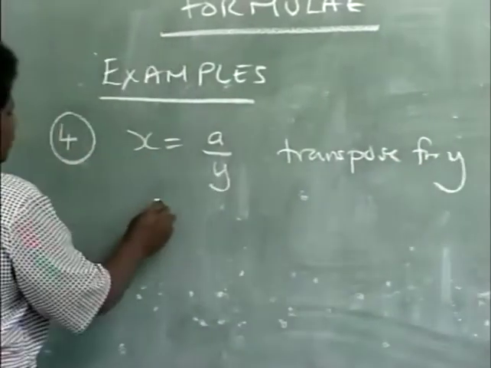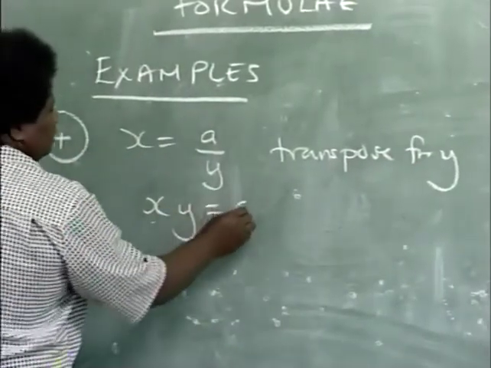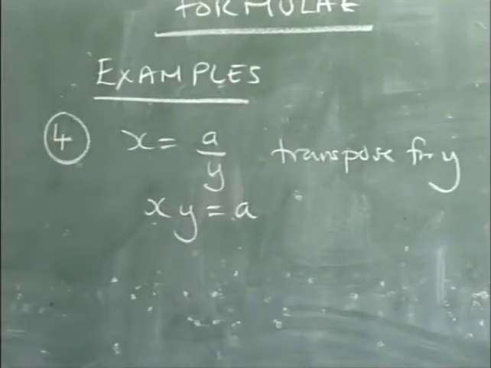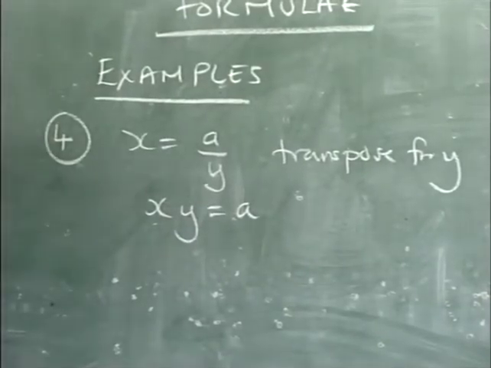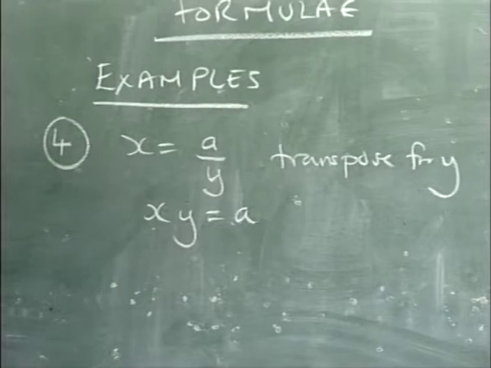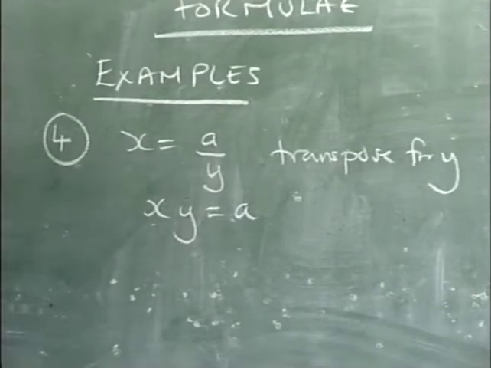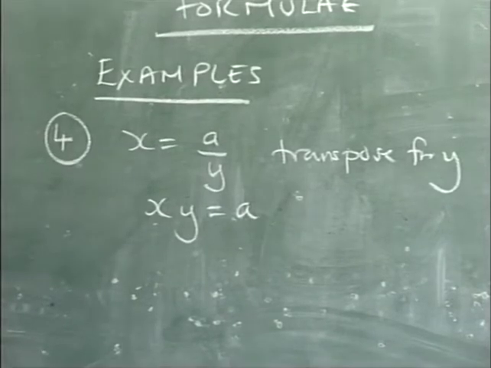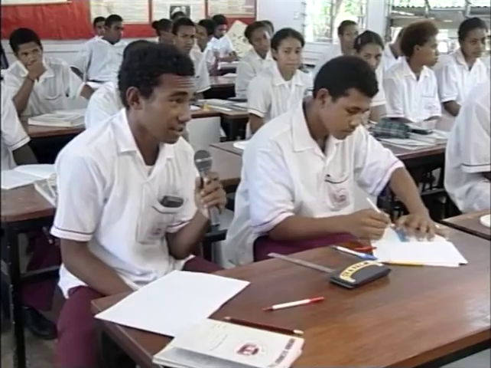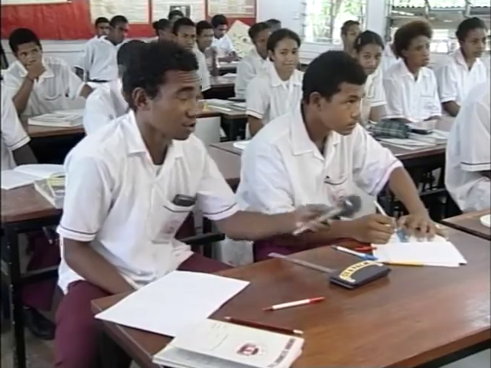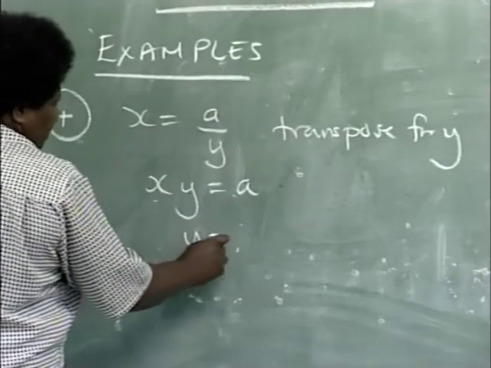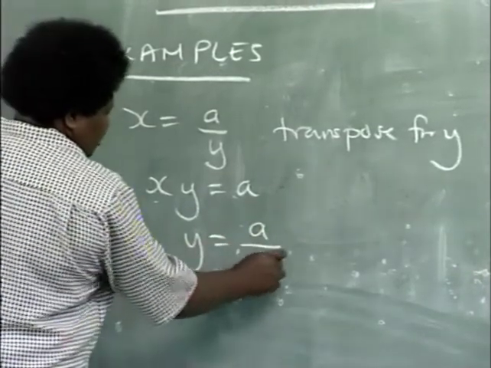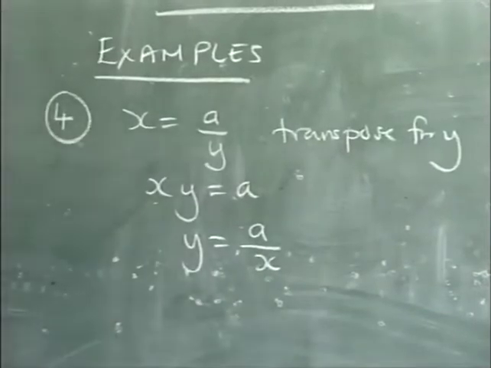All right, so I'm going to get xy equals a. Next step? I want y to be the subject of the equation. Divide x on both sides, which means y will be equal to a over x.